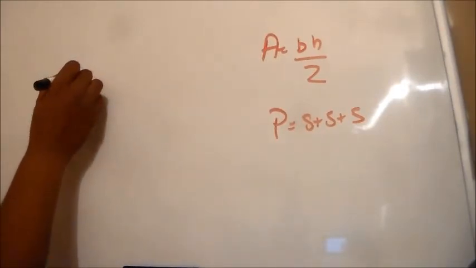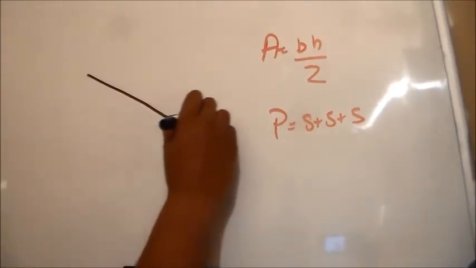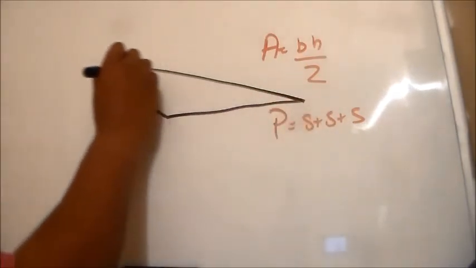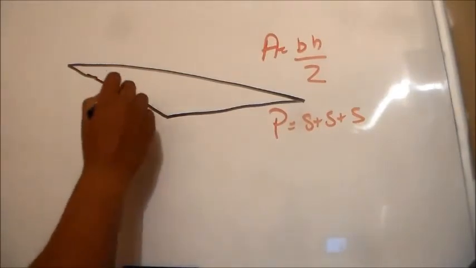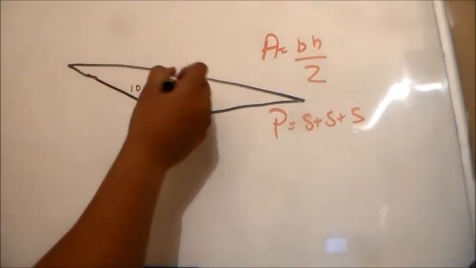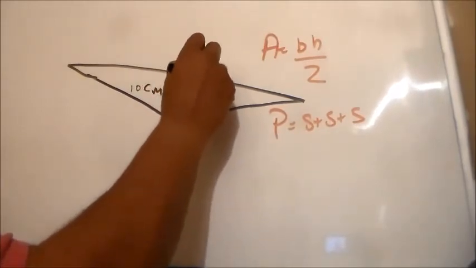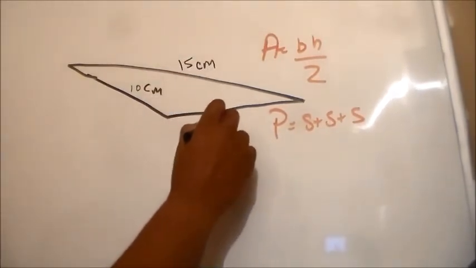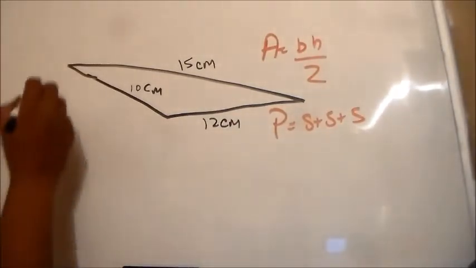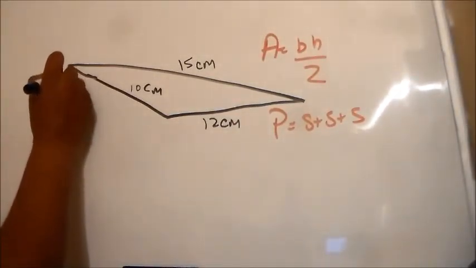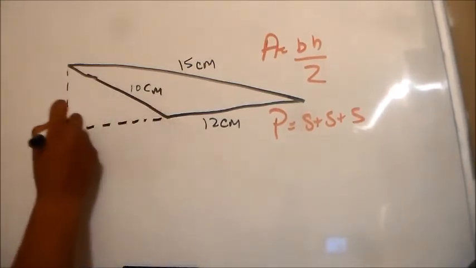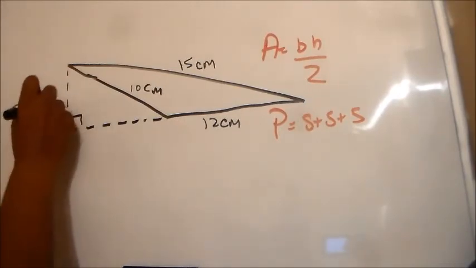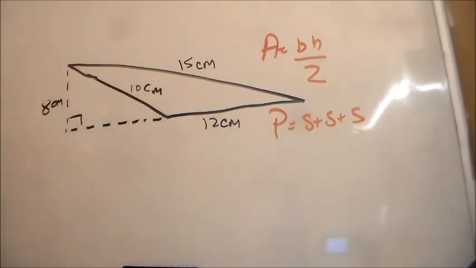In this triangle, we're going to say this is 10 centimeters. We're going to say this is 15 centimeters. And we're going to say this is 12 centimeters. And another thing that they gave us was a right angle and a height of 8 centimeters. Make sure we got all our real estate in there.